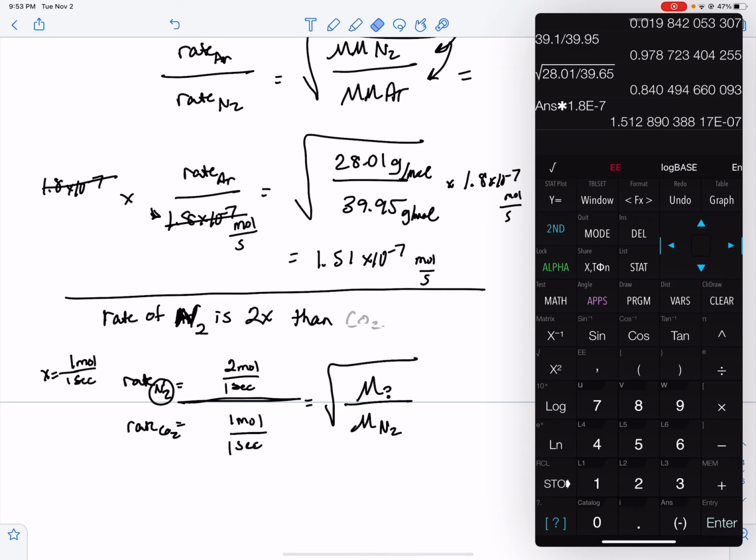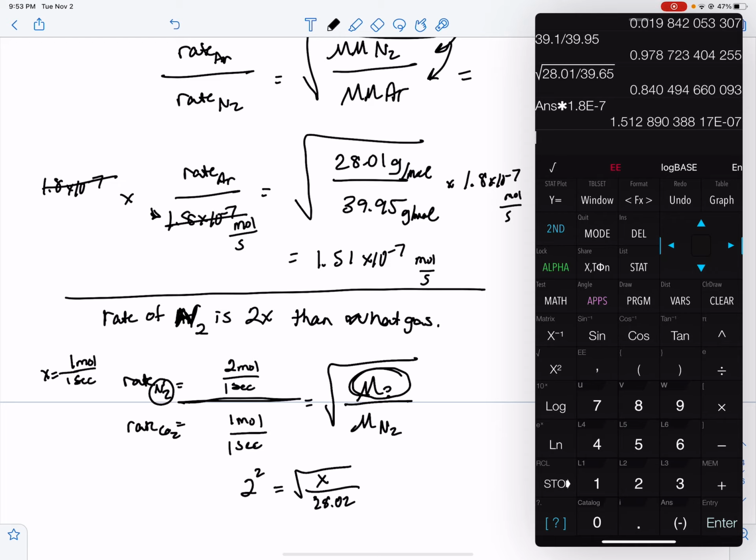I should have said then what gas. That's what I had meant to do. I was thinking ahead when I said CO2. So I set this up so that my unknown was this top number. And then when you do the math, you would end up saying 2 is equal to the square root of X over 28.02.